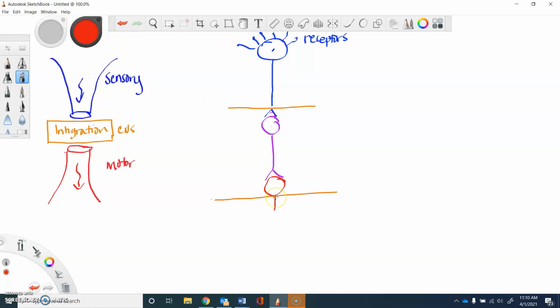And then it will go out into the periphery to the effector. So these are all neurons that are connected and sending information. I'll put little things there. Let's put a couple of dendrites here, whatever.